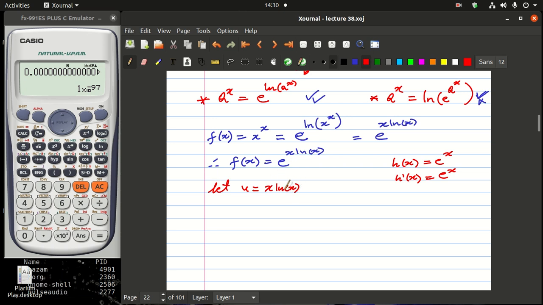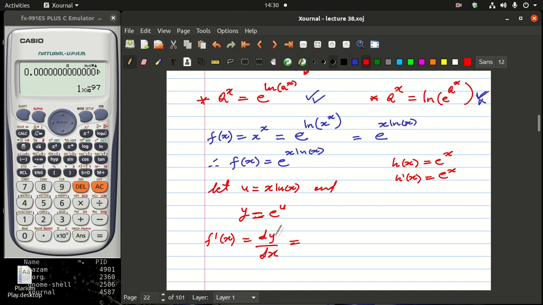And now that I have this, all I have to do is say my y is still going to be this same function, but instead of writing that whole thing sitting in the value of x, I'm replacing it by u. Then f prime of x is just going to be my dy dx.